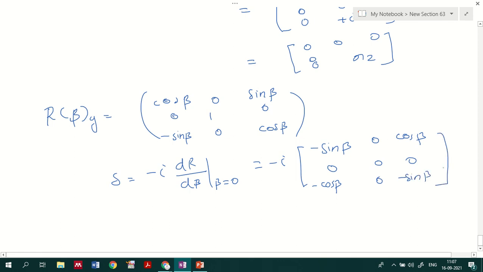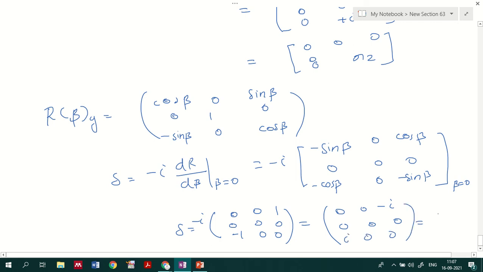Okay, so then beta tends to 0 and that is beta equal to 0 substitute ചെയ്ത് കഴിഞ്ഞാൽ you will be getting S is equal to minus I into 0 0 1, 0 0 0, minus 1 0 0 എന്ന് കിട്ടും. Okay, so that is equal to you will have 0 0 minus I, 0 0 0, and I 0 0. ഇത് നമുക്ക് തൽക്കാലം SY എന്ന് റെപ്രസെൻറ്റ് ചെയ്യാം.